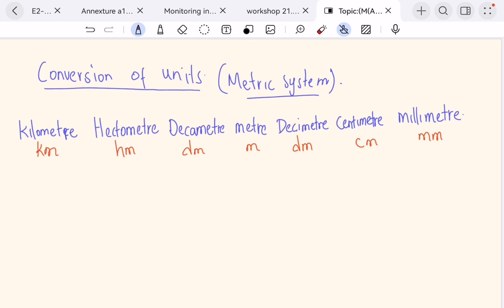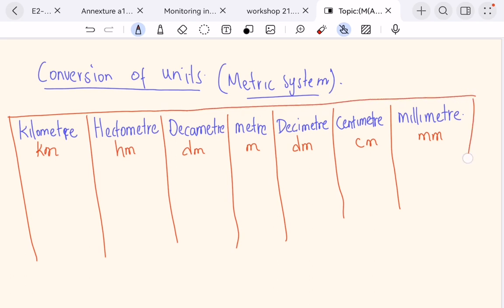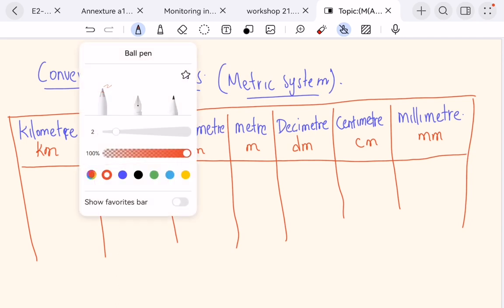Now, someone is probably asking themselves, how do I remember all of these units of measurement? Somebody has already done something for us, and I don't want to take credit for something that I did not come up with: they give us a way of remembering this.